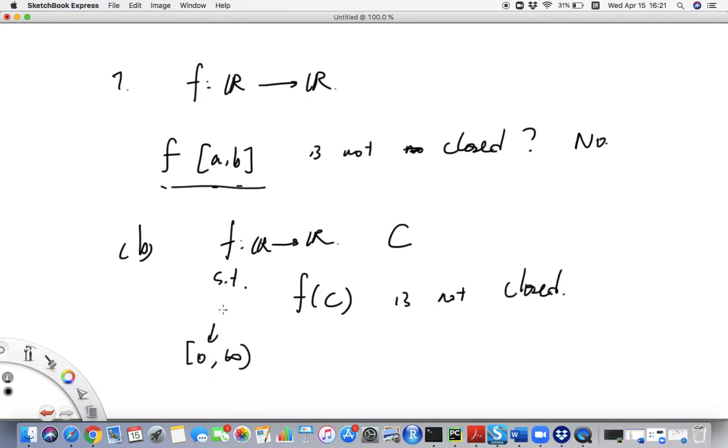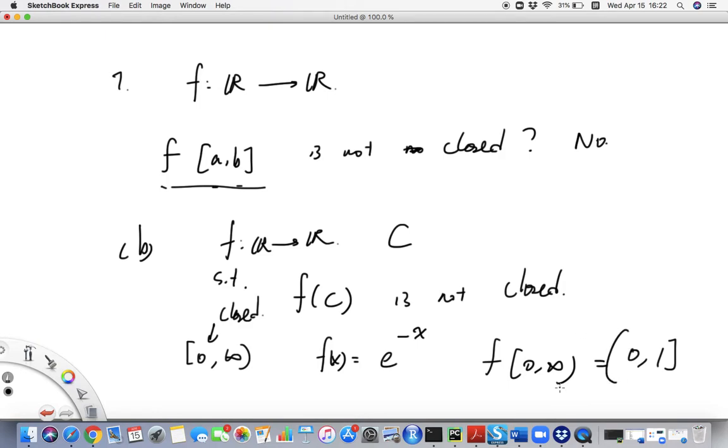Okay, so this is closed, but it's not bounded. Now consider this function f(x) is equal to e to the minus x. Okay, so the image of the interval 0 to infinity under this function is what? Is from 0 to 1. But this is not a closed interval because we can never get 0.